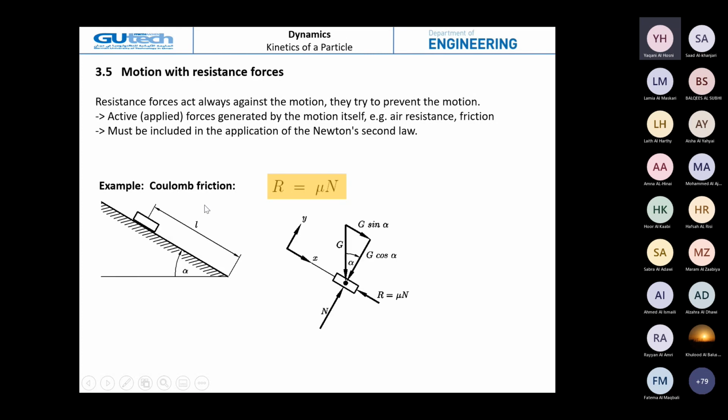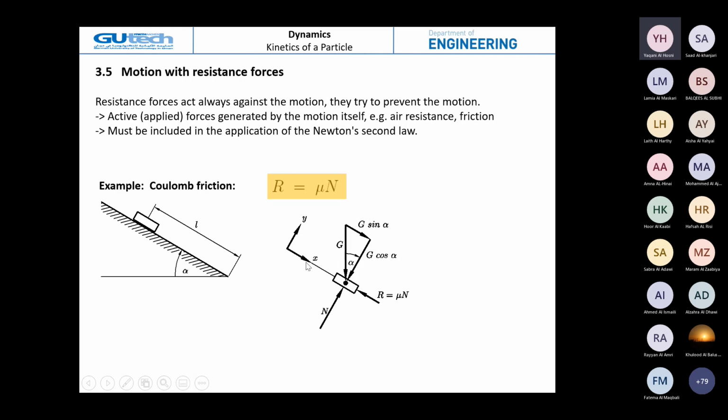There is what we call the Coulomb friction. Here the particle is sliding down, let's say. We have the reaction of the ground, and the gravitational acceleration is always vertical.